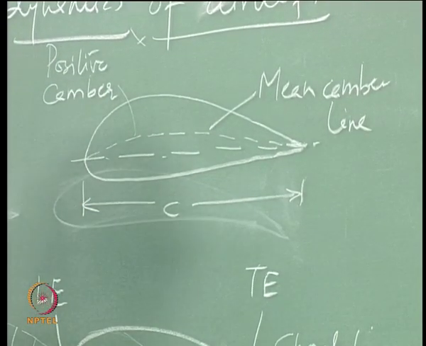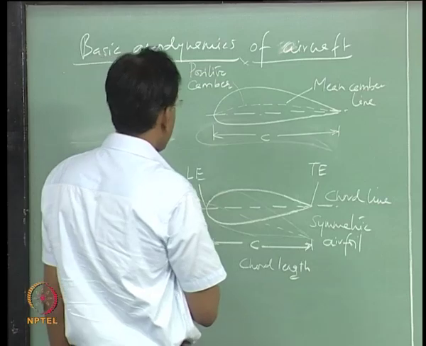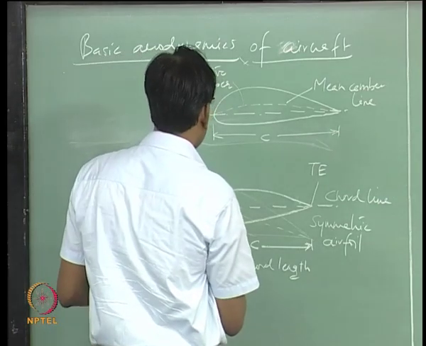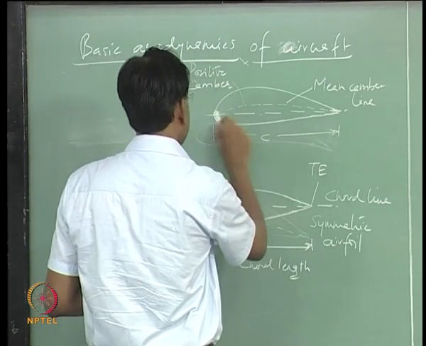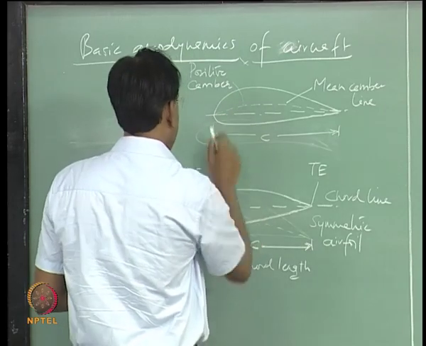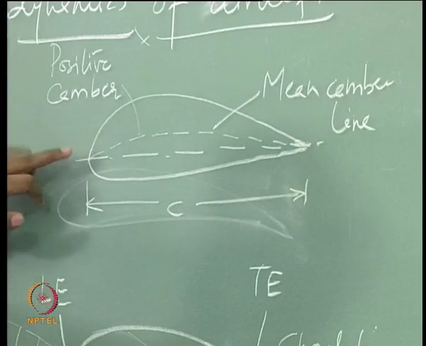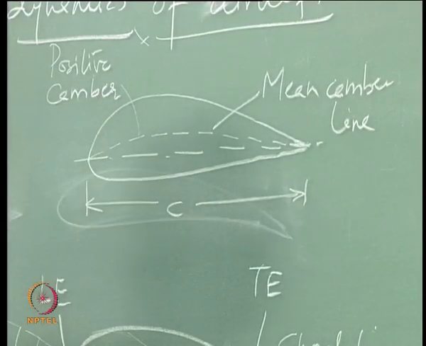So, let us look at what happens in this case when we have, let us say, a velocity vector aligned along this line.